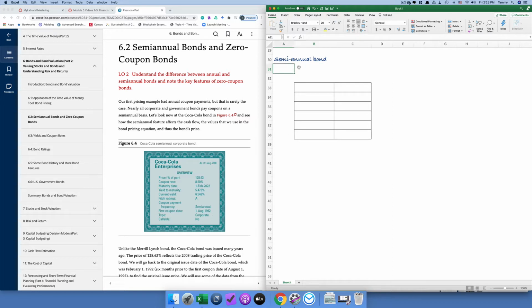So this is our example: a 30-year semi-annual bond being resold in 2008. But the first example they have you walk through in the book was pricing it at its original issue.